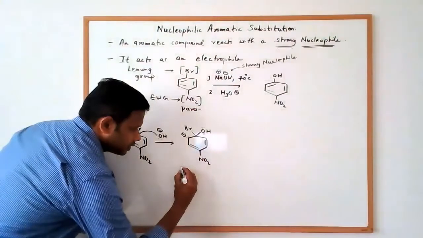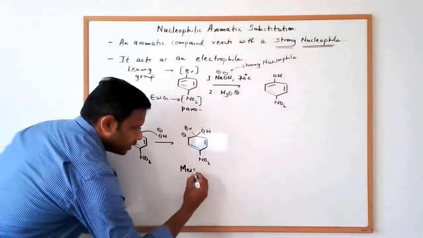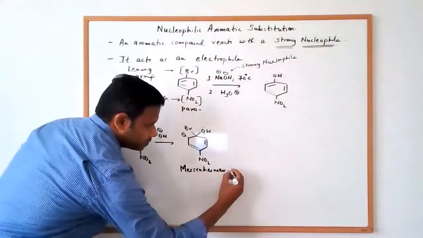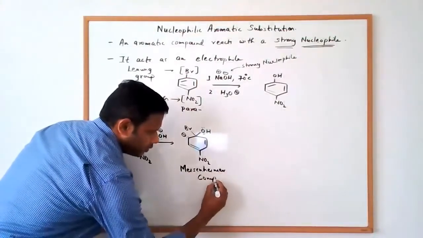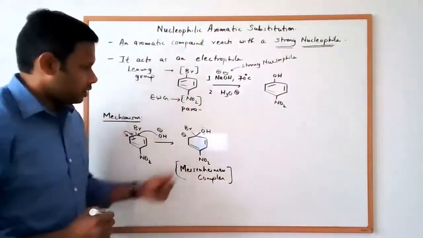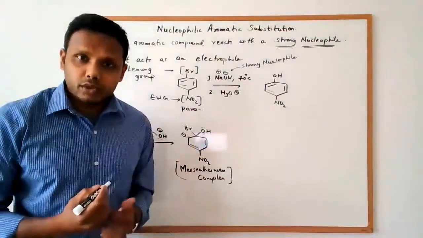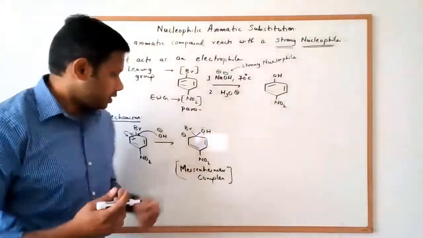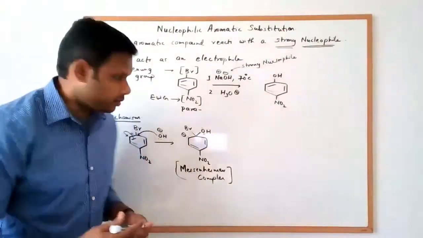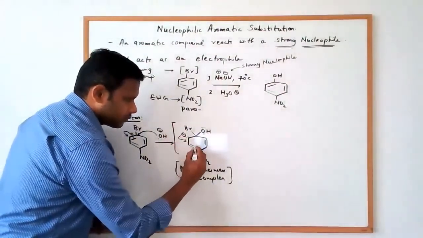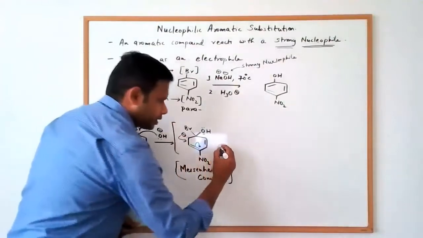And this complex is called a Meisenheimer complex. Now, very similar to the sigma complex, the Meisenheimer complex here is also resonance stabilized. So we can draw a few resonance forms for this Meisenheimer complex.